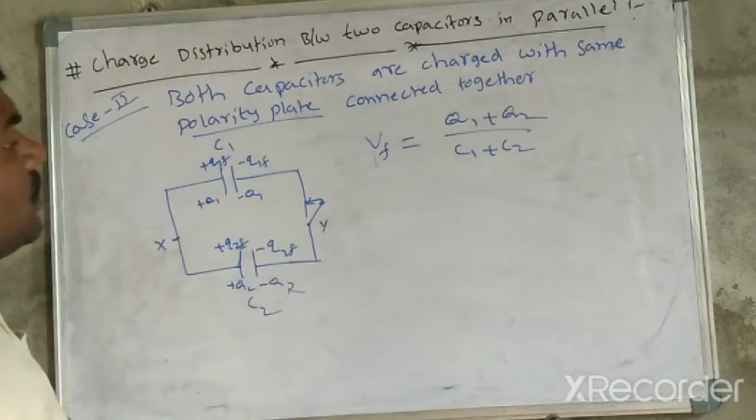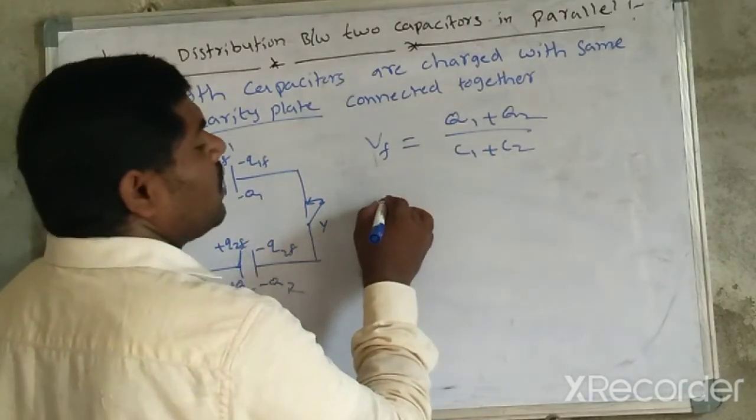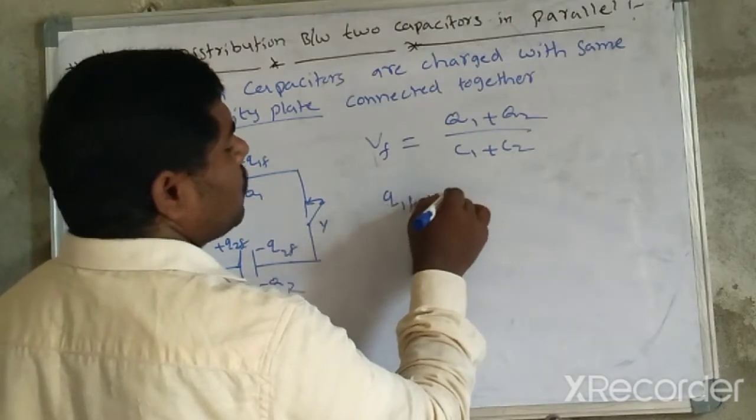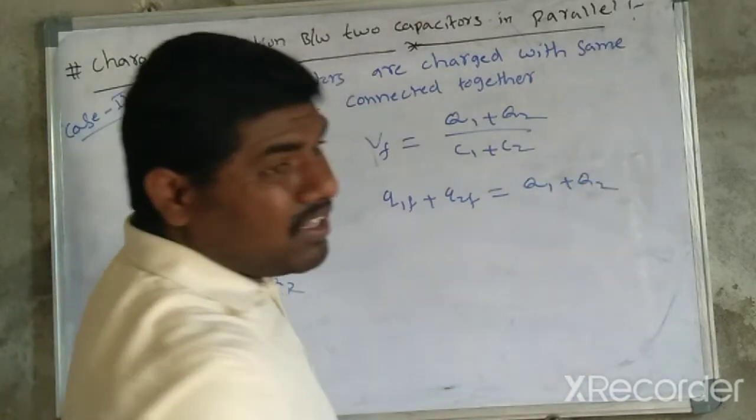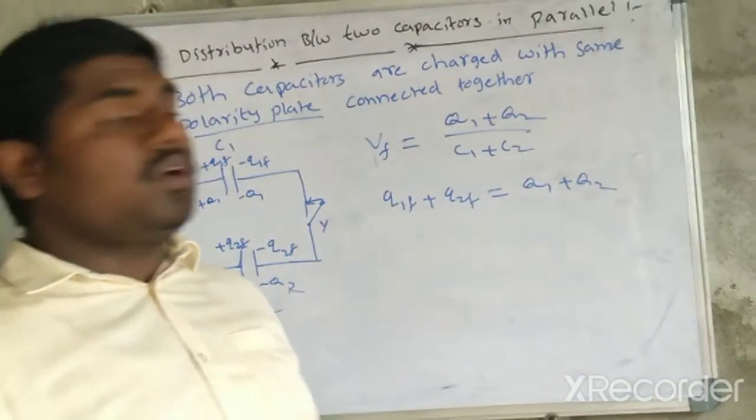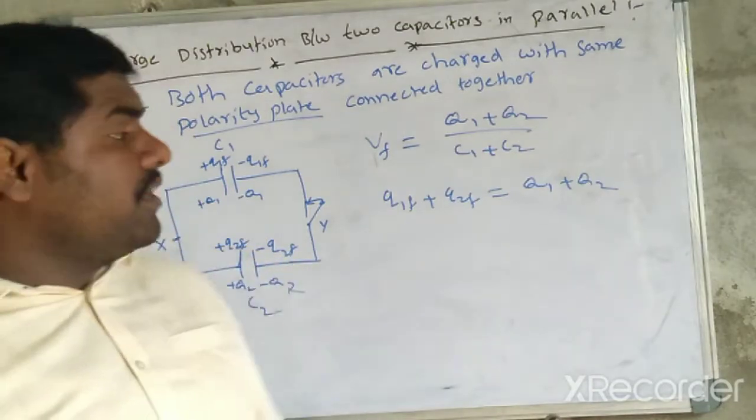The magnitude of total charge Q1F plus Q2F should be equal to Q1 plus Q2. In the previous case there was no Q2, only Q1.